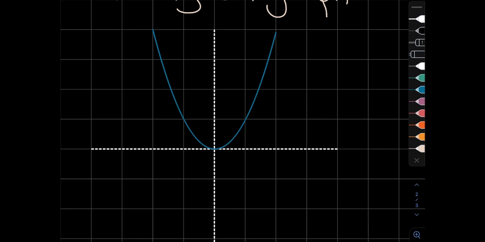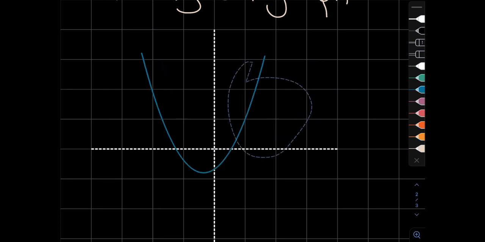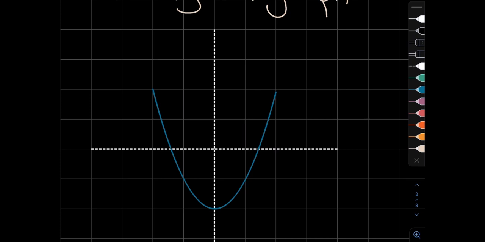So this specific parabola we have here only has 1. And that's because it only touches once, right there. Now, let's say we're going to take this and we're going to move it down. Now it touches in 2 spots. 1, 2.